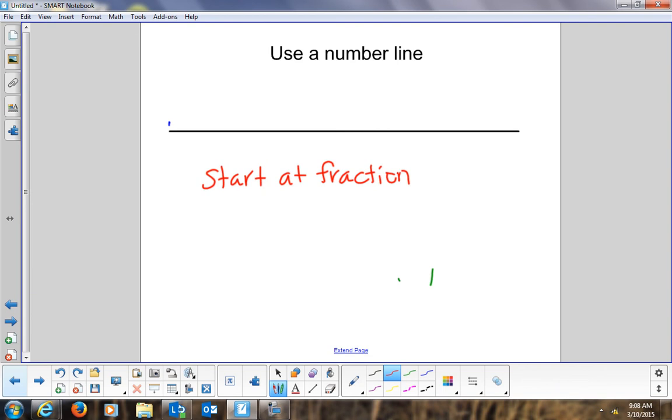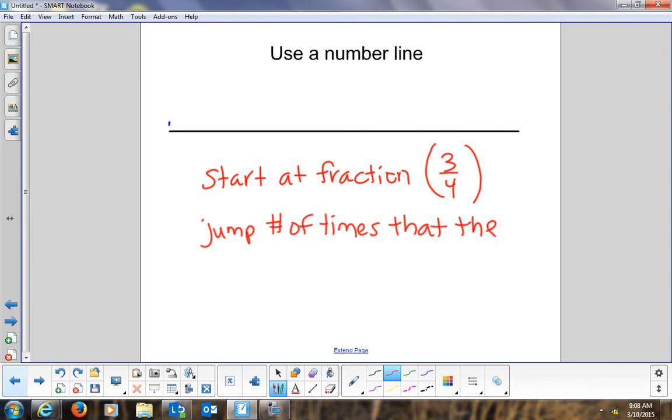If it was 3/4, we're going to start on 3/4. And then I'm going to jump the number of times that the numerator is. In this case, I'm going to jump 3 times. And that'll give me my multiples.